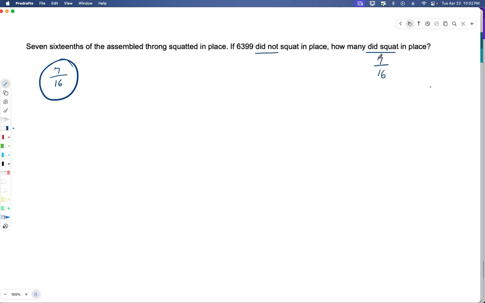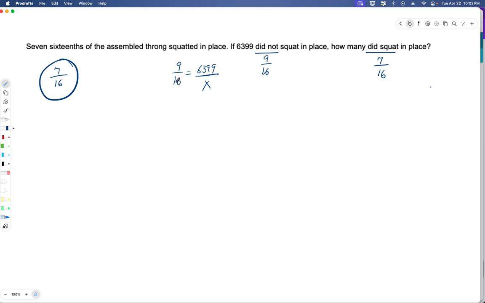So if the total amount of people is divided into 16ths, and 7 out of 16 did, then that means that 9 out of 16 did not. And that's going to equate to this number here. So we're going to say 9 over 16 is equal to 63.99 over some total number, right?